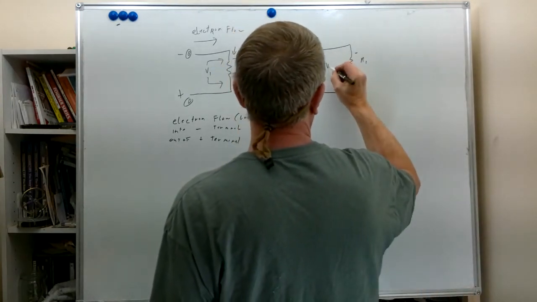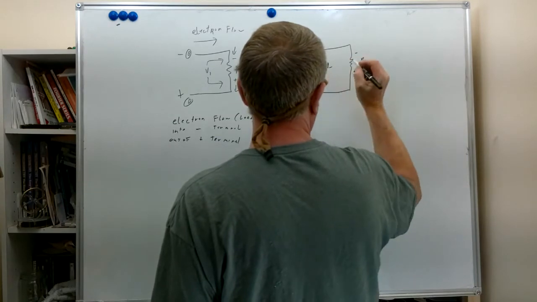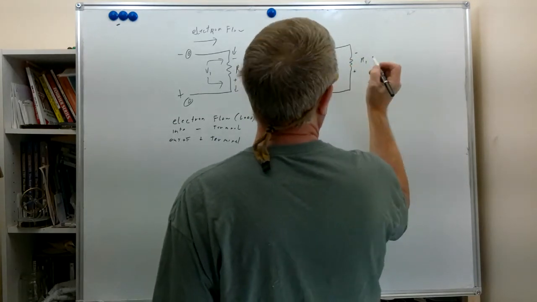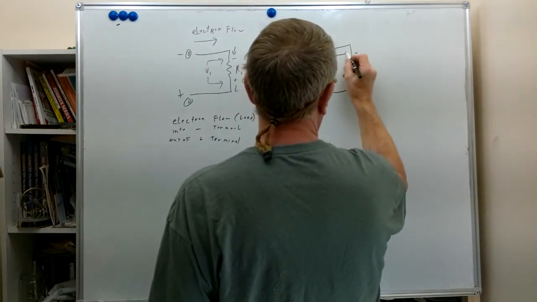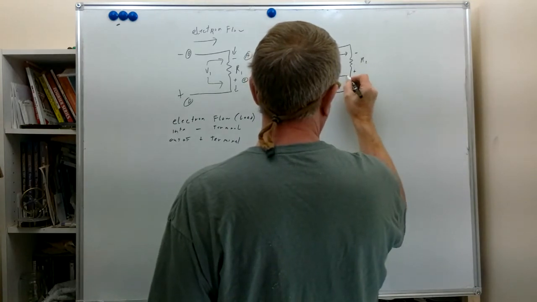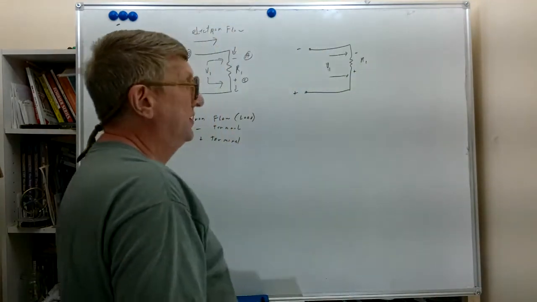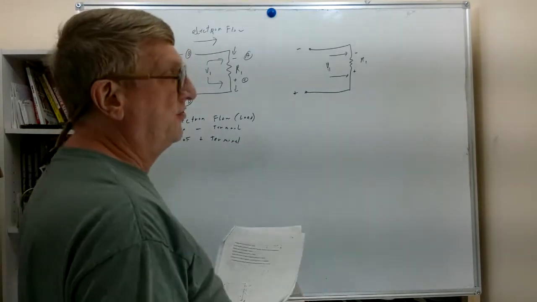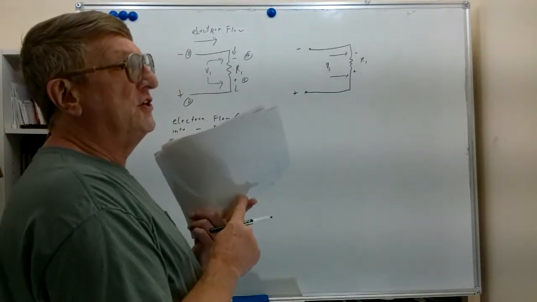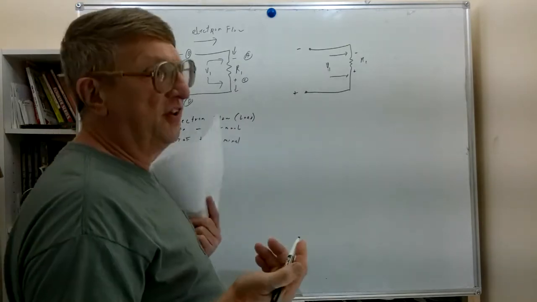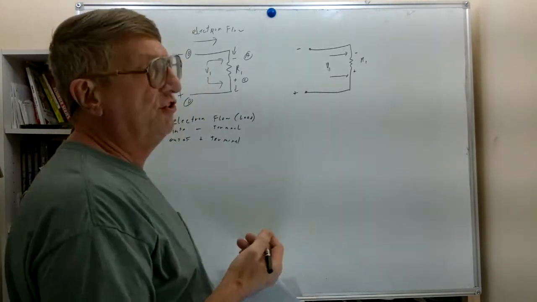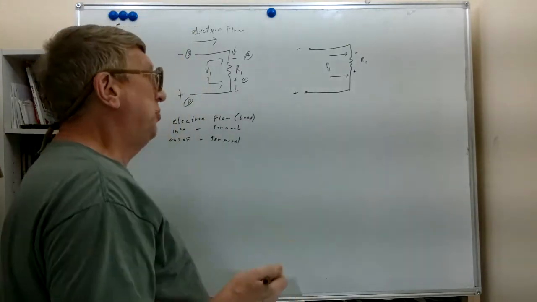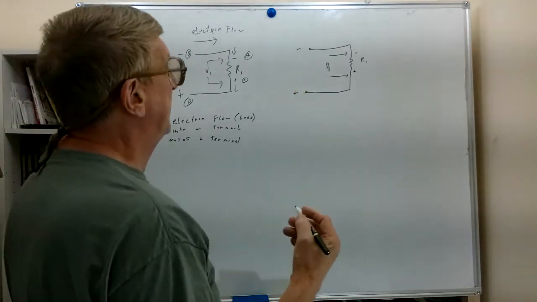And our voltage V1 appears across the resistor. We call it IR drop or voltage drop, which always appears across some component between two points. You can't get a voltage to appear across a single point because you can't have a potential difference at one point. You have to have two points and you have to have a potential difference.